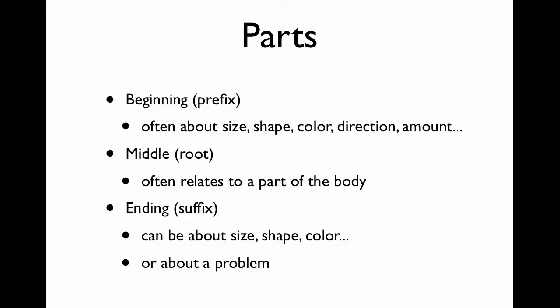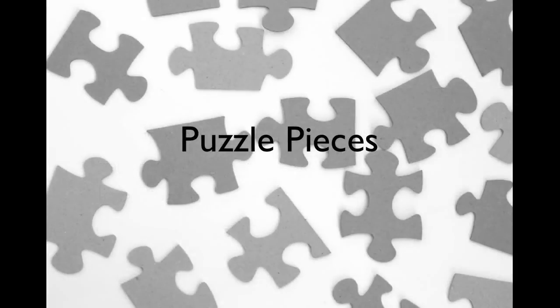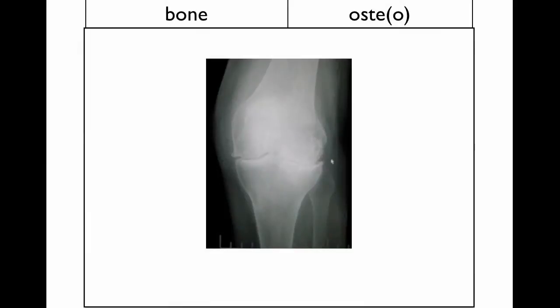But the truth is, most of them are very descriptive and they mean something. So if you can break them down, it's not going to be too bad. When you first look at these terms, you can just say, forget it, this is ridiculously long, or you can just say, look, break them down and they become more manageable. So all I want to do in this video is give you some of the most common of the puzzle pieces that you will encounter in medical terminology, and hopefully give you a good place to start.